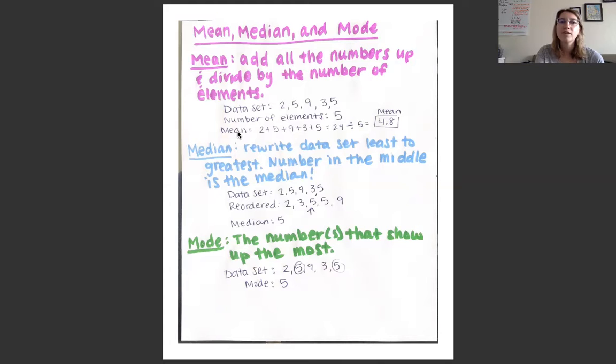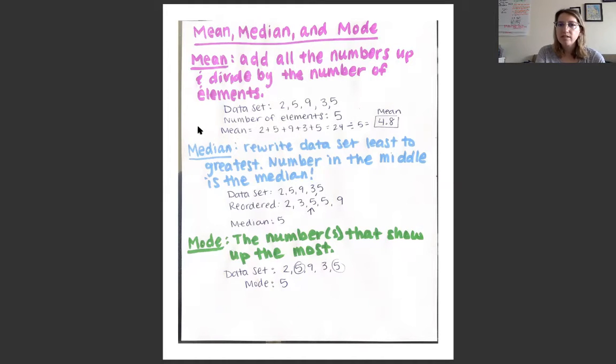Now to find the mean, or the average, you add all these numbers up and then divide by the total number of elements. So we'd do 2 plus 5 plus 9 plus 3 plus 5, which ends up being 24. Divide that by 5, and your mean, or average, is 4.8.